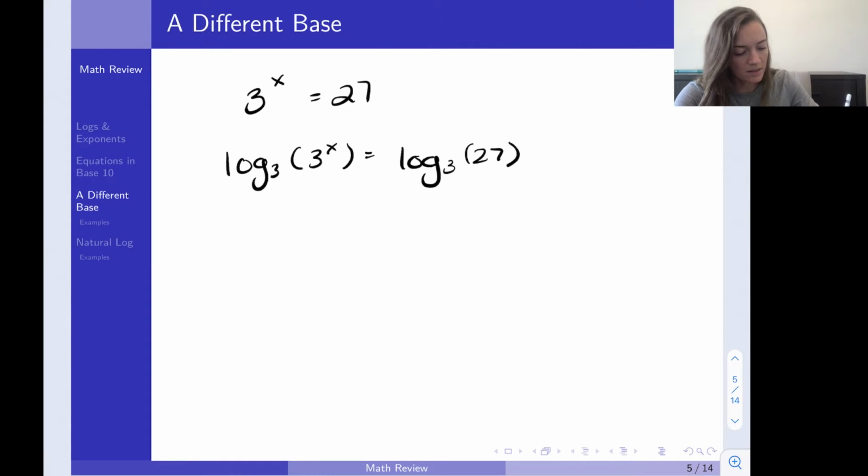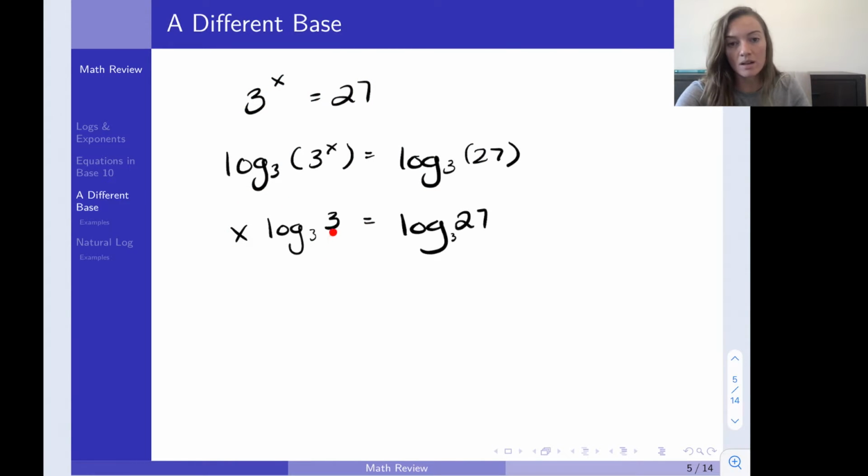And I can rewrite this side as x log base 3 of 3, and then I have log base 3 of 27 over here. And now the same thing happens where log base 3 of 3 is just equal to 1, so that cancels out. And then I'm just left with x is equal to log base 3 of 27, which you can just plug into your calculator and you find is equal to 3.